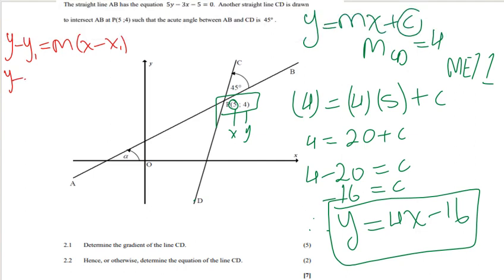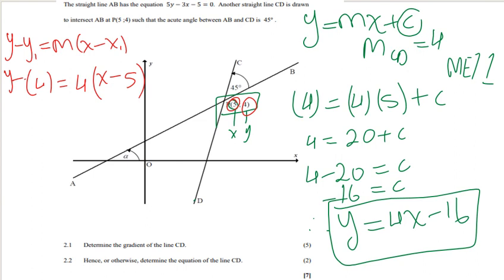Then you say minus, into. In the place of y1, you will substitute this coordinate 4. You say equal to m, which is equal to 4. We know that. Into, in the place of x, you will substitute nothing, minus, but in the place of x1 you will substitute this coordinate 5, minus 5.